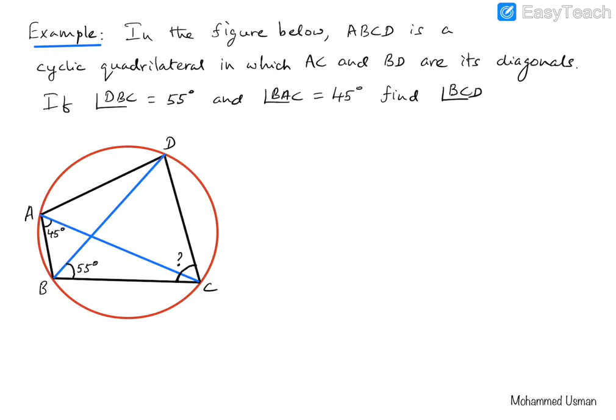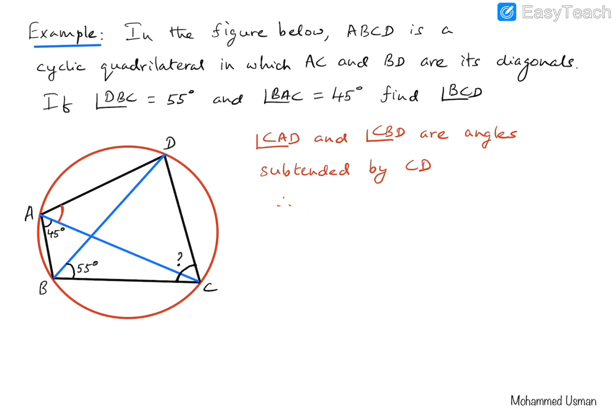So CAD, which is this angle over here, must be equal to the angle CBD, which is 55 degrees, because CAD and CBD are both angles subtended by the same arc CD, or subtended by the same chord CD as well, right? So either way, angle CAD must be equal to angle CBD.